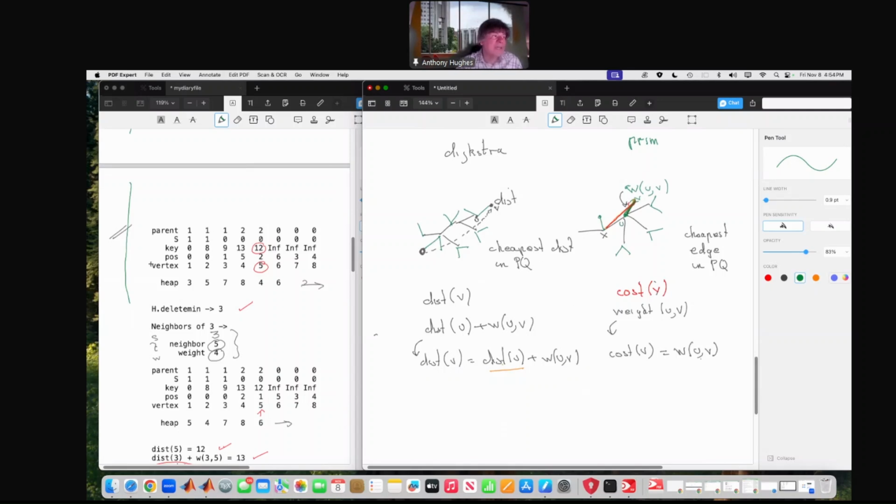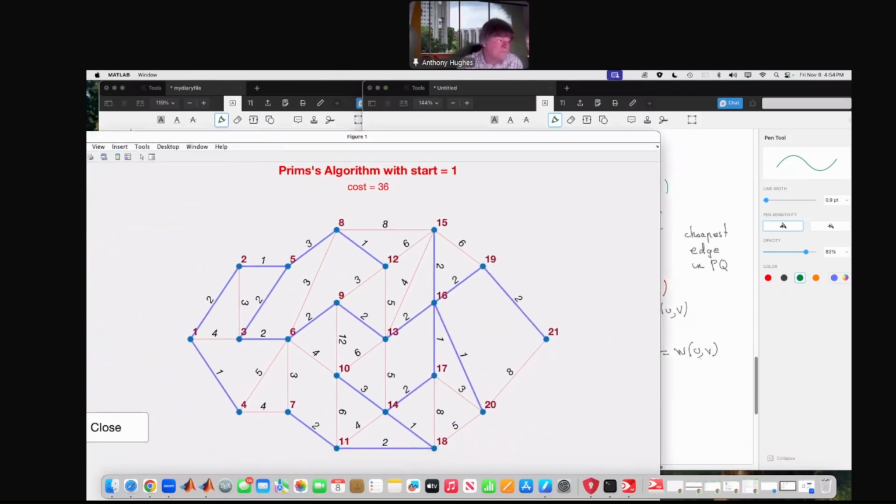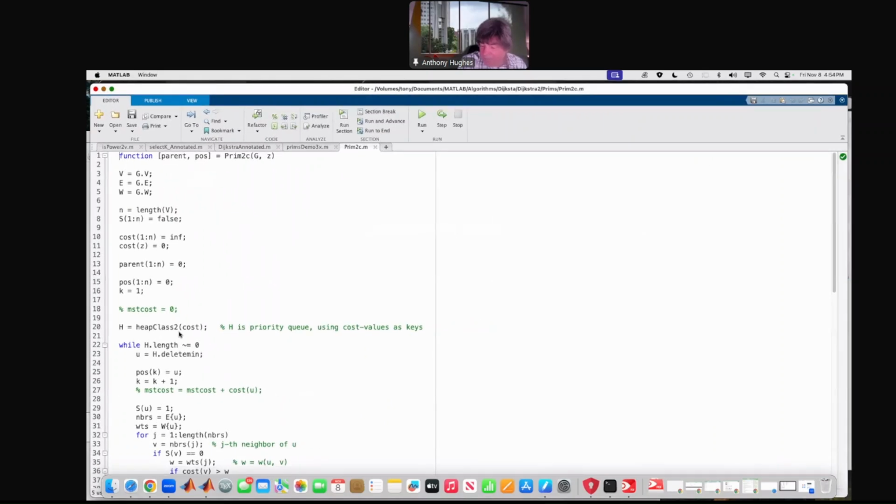Let me run this again. Here's Prim's algorithm.